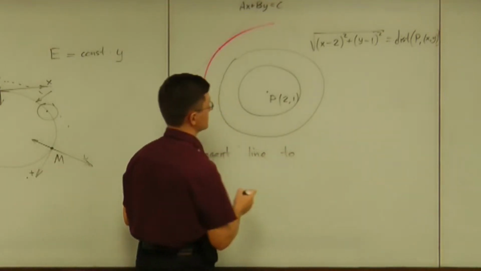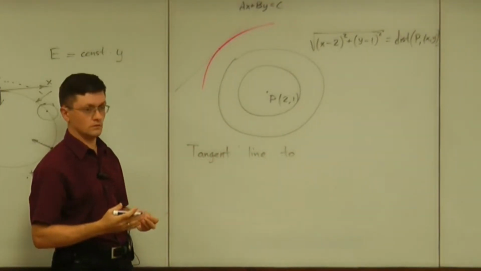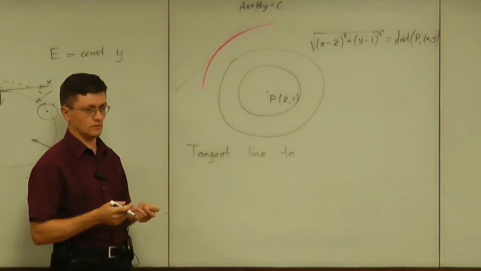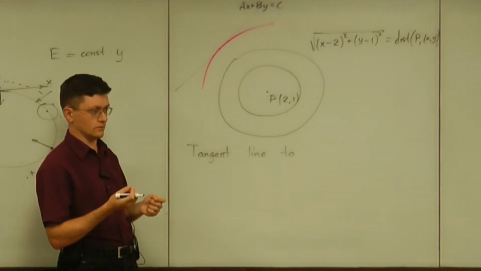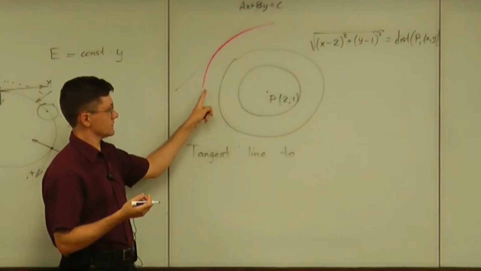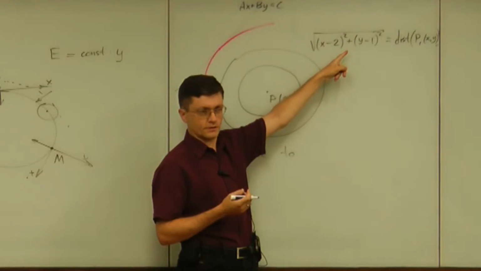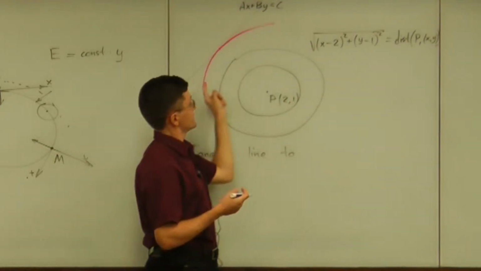Tangent line to, well, to what? How to describe that circle? That circle is the level set of that function. It is the set where this function takes the same values.